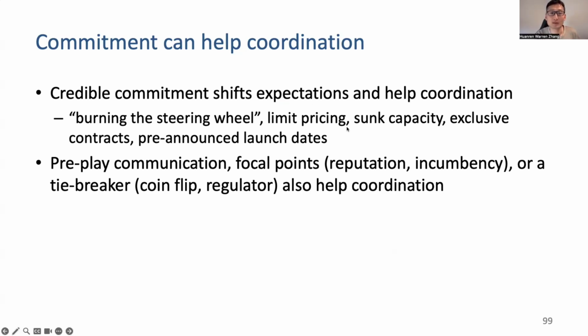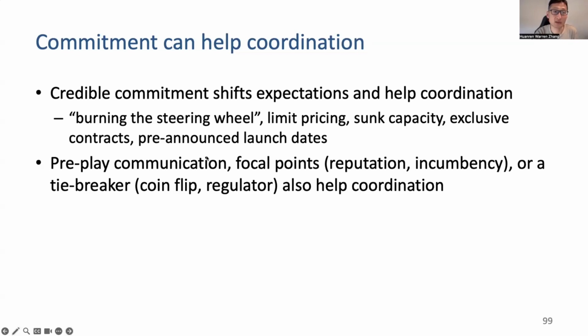So for the market entry game, if you have limit pricing, that's one way to make this commitment. And if you have sunk capacity, you build this capacity to try to scare off potential entrants. So that's a part of commitment, right?